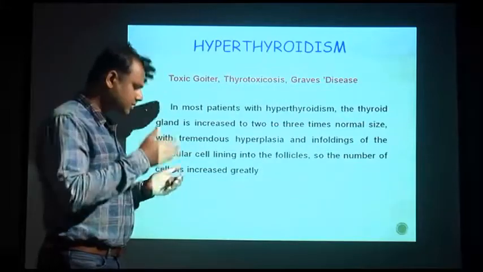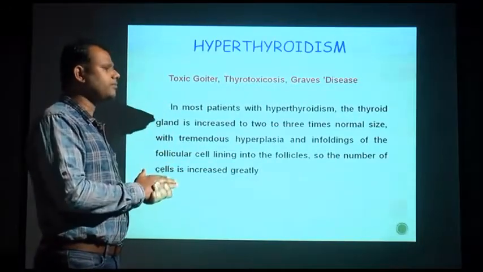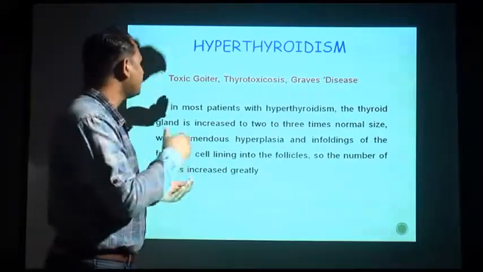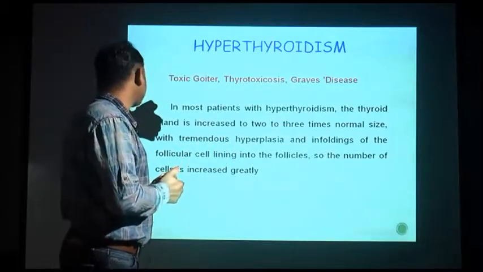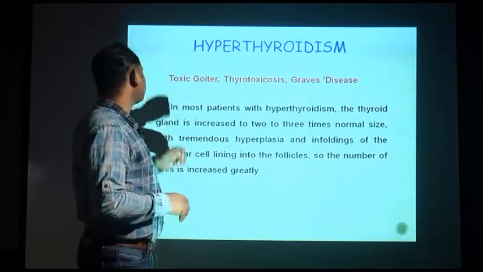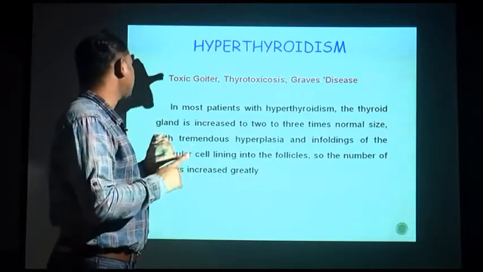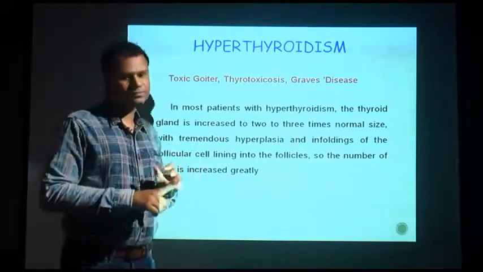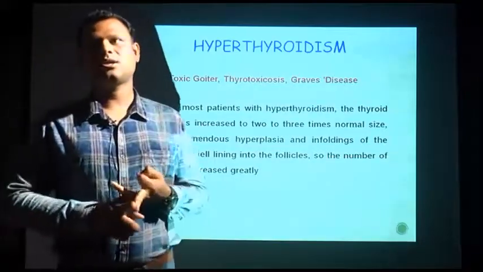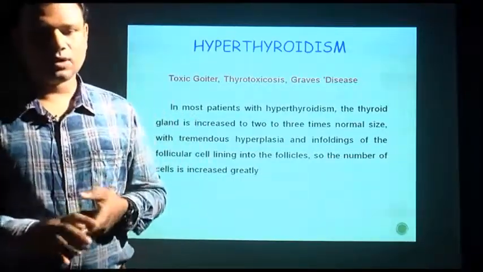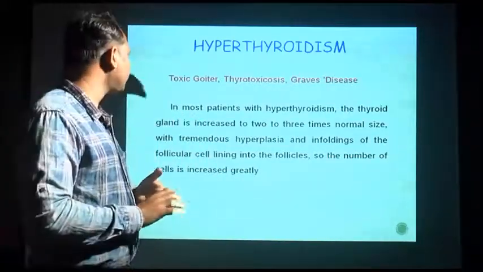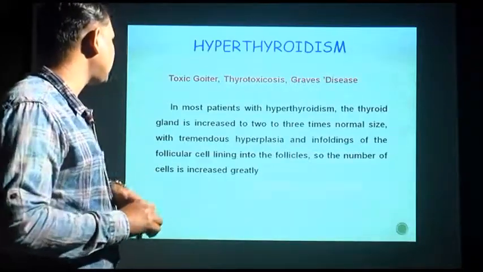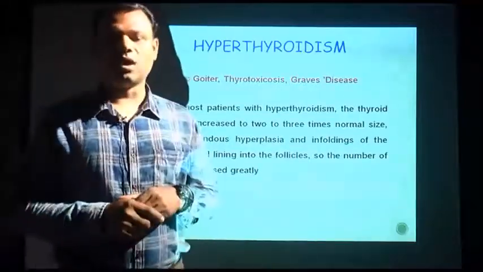The thyroid activity is associated with various metabolic activities, basically thyroid hormone secretion. The complications include toxic goiter, thyroid toxicosis, Graves disease and various other complications. We are going to cover first Graves disease, and then we will cover goiter.